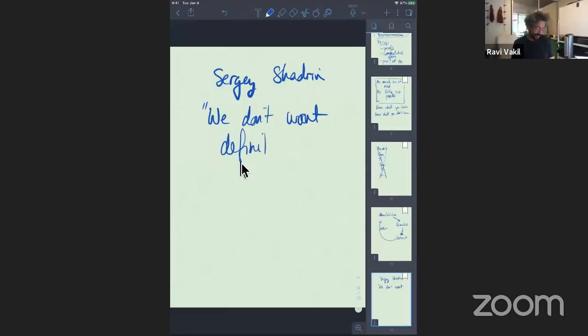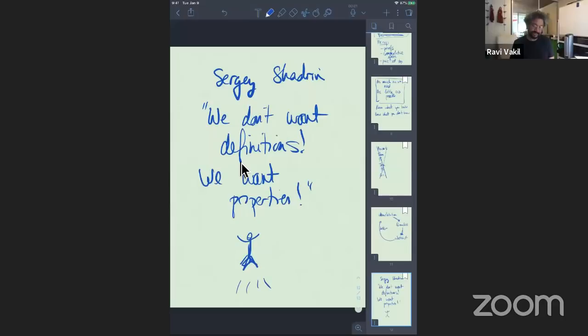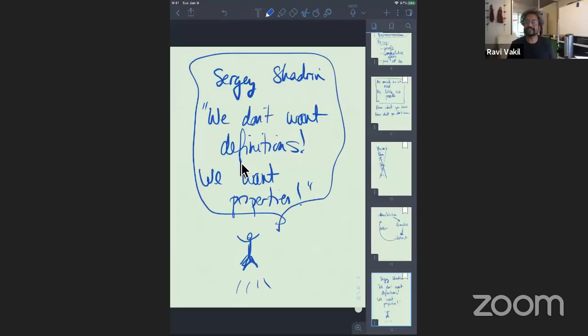So what matters are not definitions, but properties, and the properties are what should guide what the definitions are. And I guess ideally, this is a picture of him jumping up and down to say this. I guess he's saying his own name, it appears. And so related to this is the importance of naming.